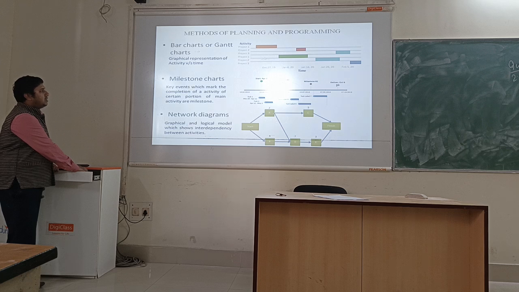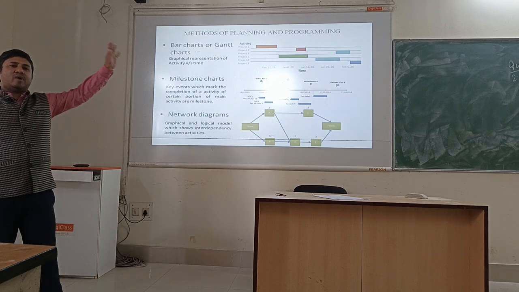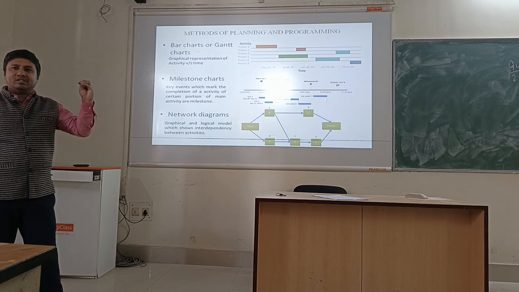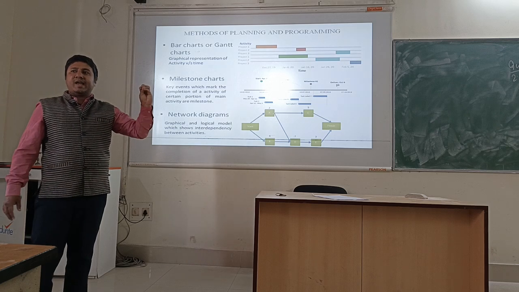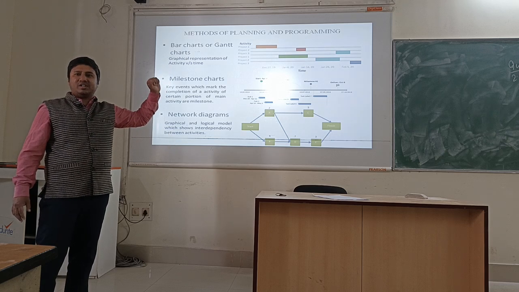The next activity will start on the third day to, suppose, the 5th day. Activity 2 will start on the 4th day and finish by the 5th day. In this way, using the bar chart we can visualize the progress of the multiple activities done in a project.